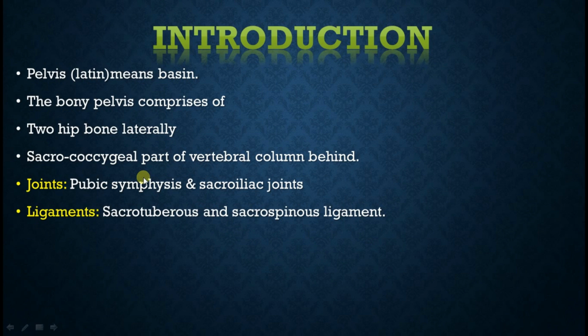The hip bone and the sacrococcygeal part are articulated by the sacroiliac joints. The sacrum articulates with the ilium through the sacroiliac joints, and the two pubic bones articulate anteriorly in the midline by the pubic symphysis. This is not a synovial joint; it is a secondary cartilaginous joint.